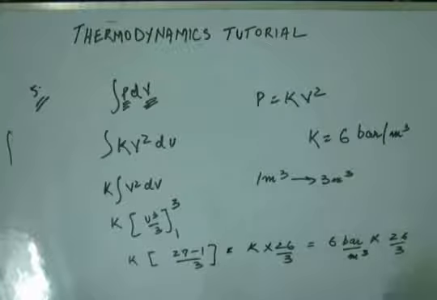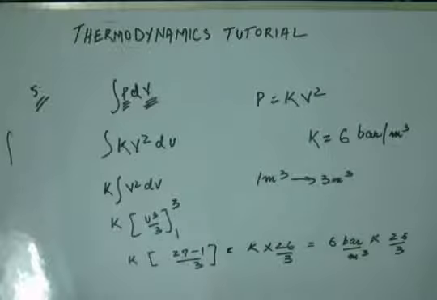So bar, the SI unit of pressure is Pascal. So you should convert this bar into Pascal, and when you convert volume into liter, that Pascal and liter is going to provide you the SI unit of work, which is joule.